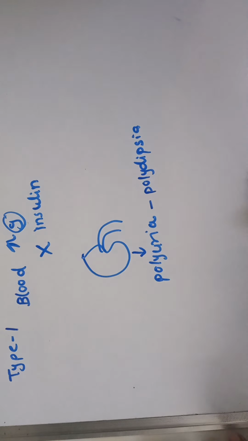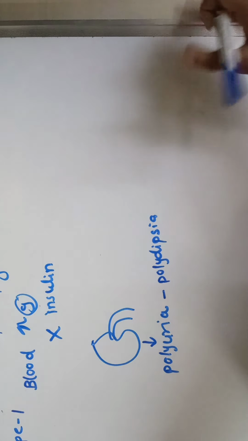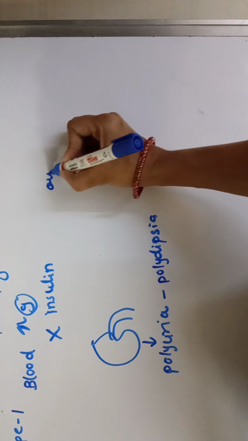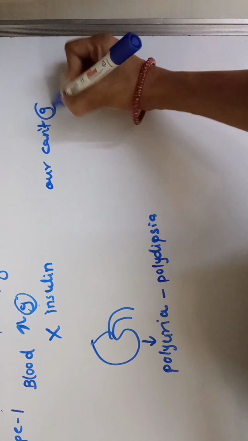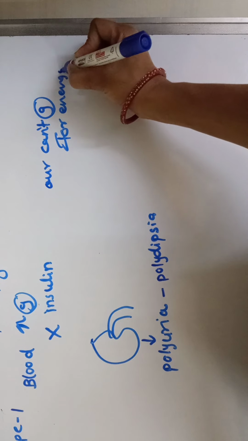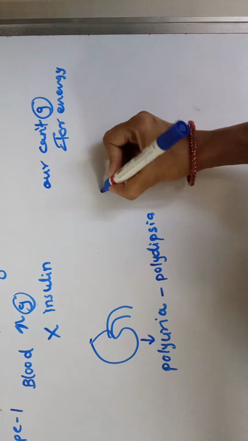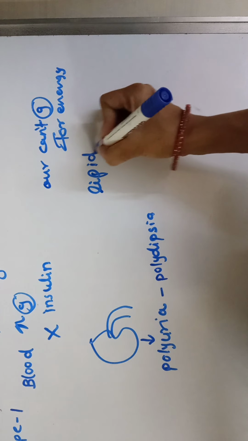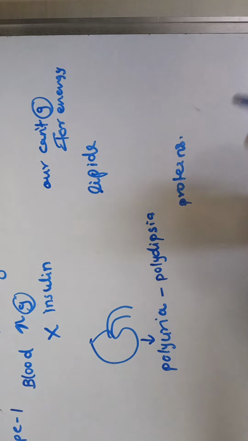Polydipsia, this is one condition. Second condition, what happens, guys? As our body can't take up glucose for energy, it tries to metabolize energy from other sources like lipids and proteins.